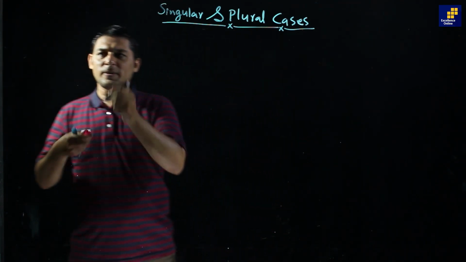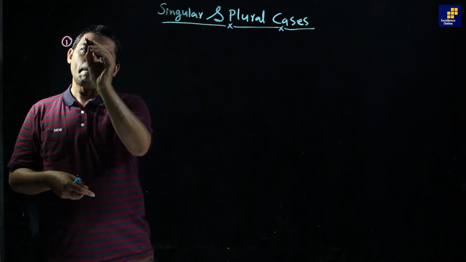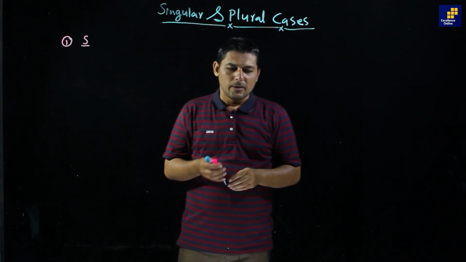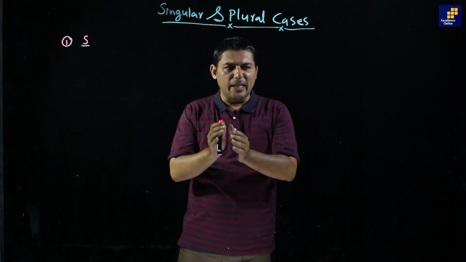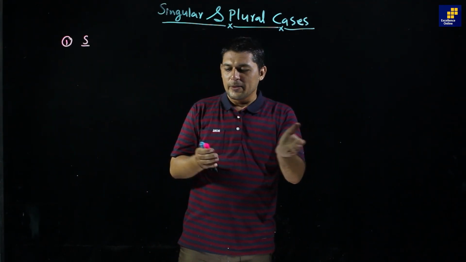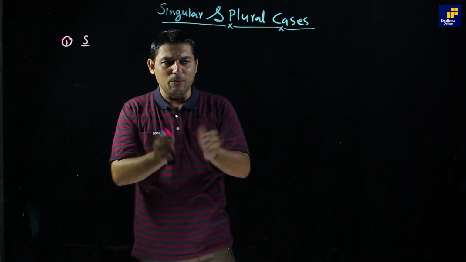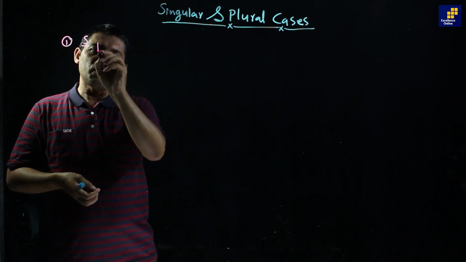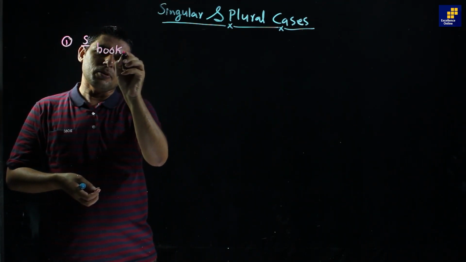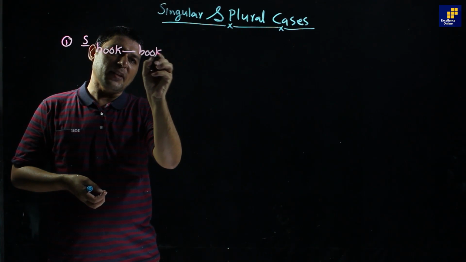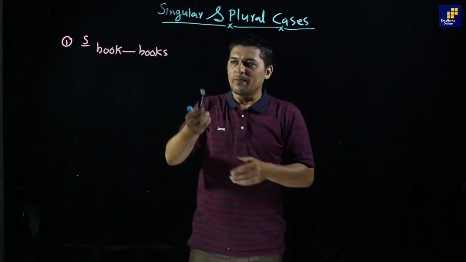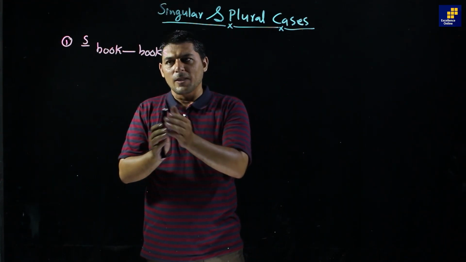Number one point is: for most nouns, if you just add s at the end of them, it will be a plural noun. We have certain examples here. A very common example is book. By addition of s, it goes from singular to plural.